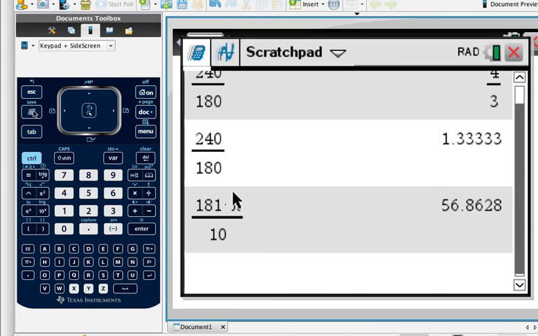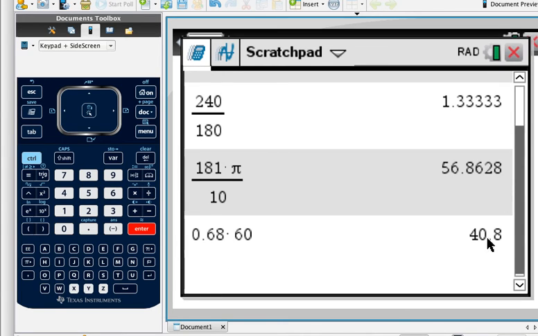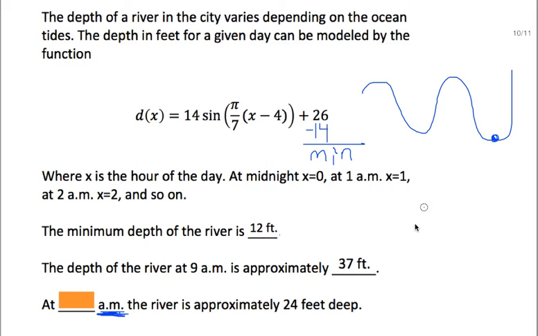To figure out how many minutes that is, you're just going to do 0.68 times 60, because there's 60 minutes in an hour, and you get 40.8. So we can say that one of our answer choices is 3:41. We got 40.8, right? So 3:41 a.m. That would be one of our answer choices.